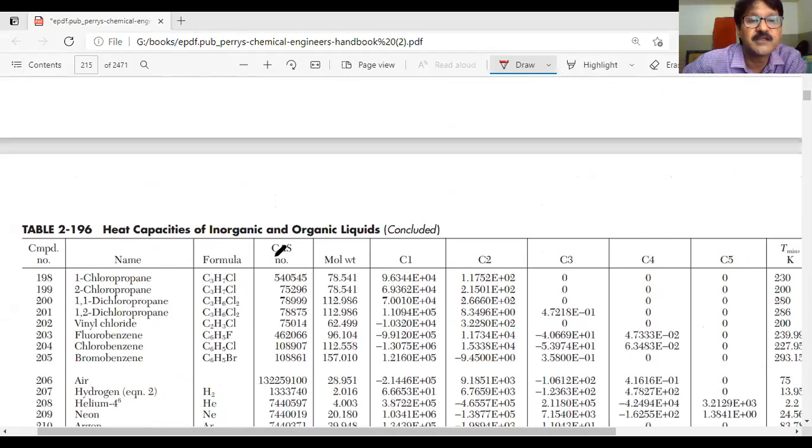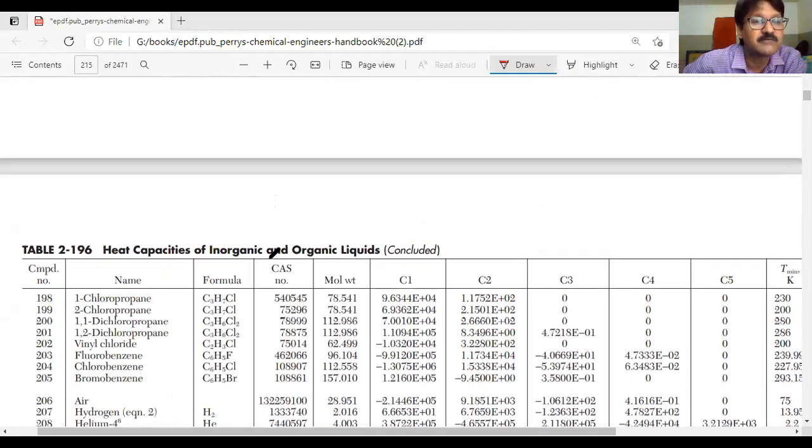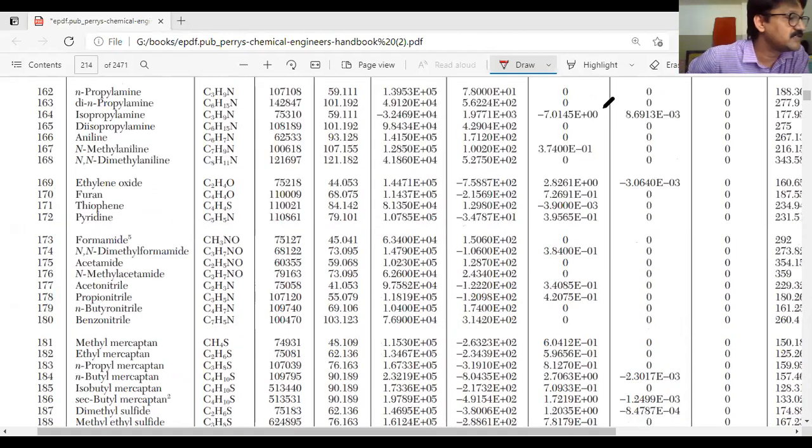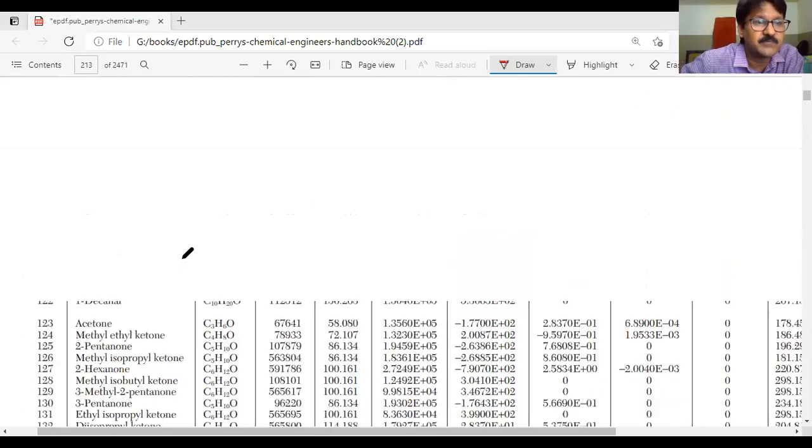This is heat capacity of inorganic and organic liquids. Otherwise, one more page where you can easily search. It is not there, so please, everyone, page number 68. Okay, 68 number. Good, very good.